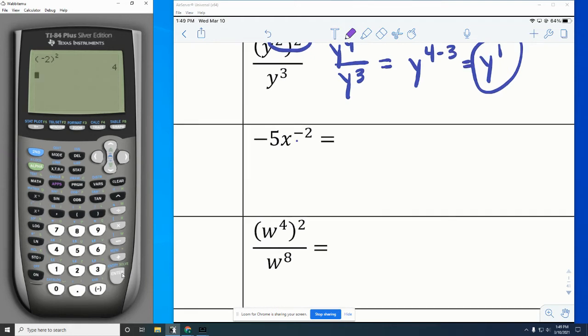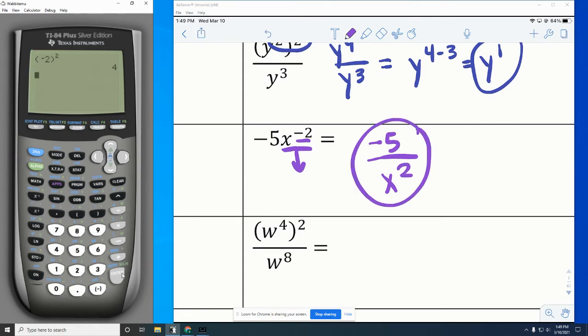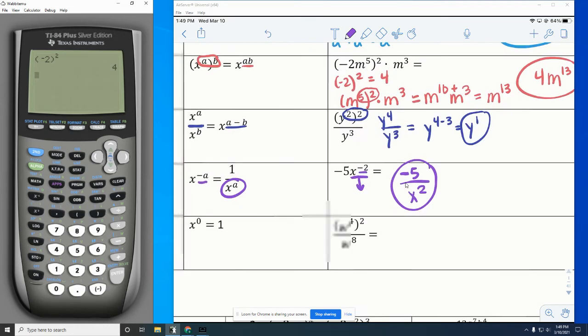We only care about the exponent, and the exponent is only on the x. So the x is going to push down to the bottom, and when we move it, it now becomes happy. So we have a -5 on top. Big numbers are normal, so that one will not move. The x to the -2 does not like being on the top, so we push it to the bottom.